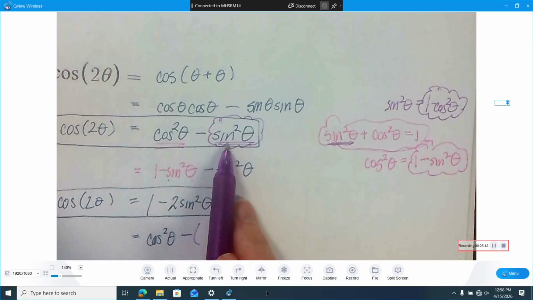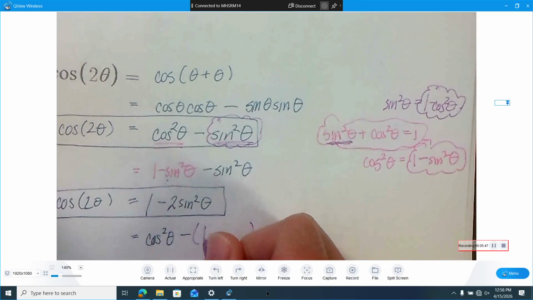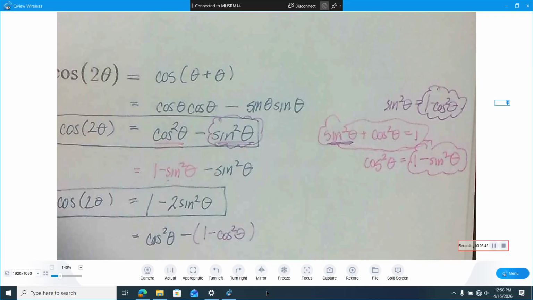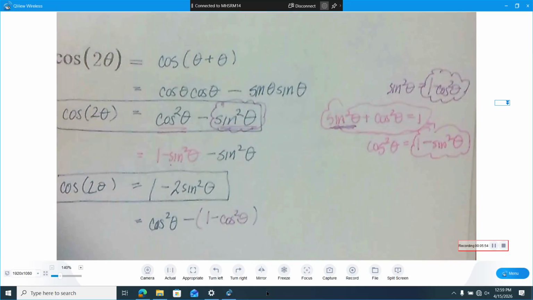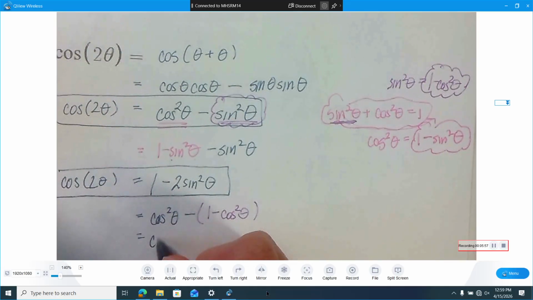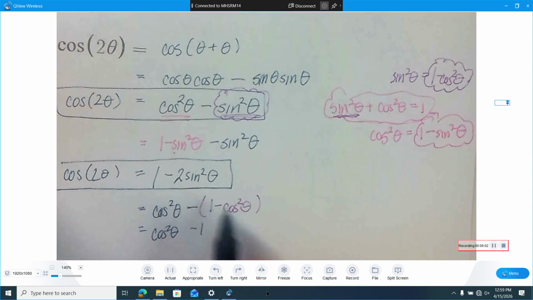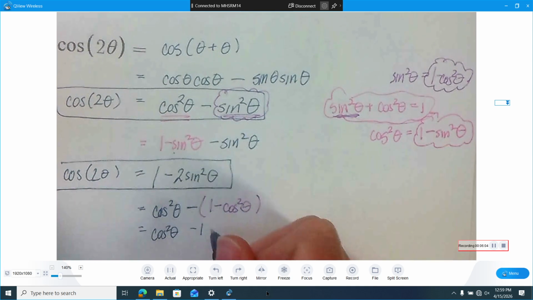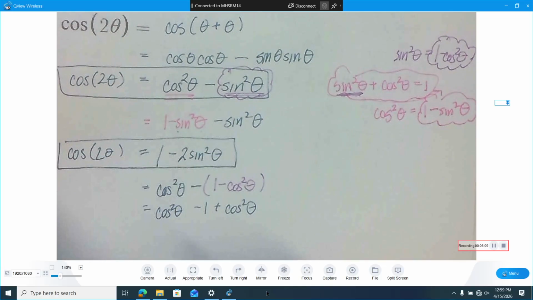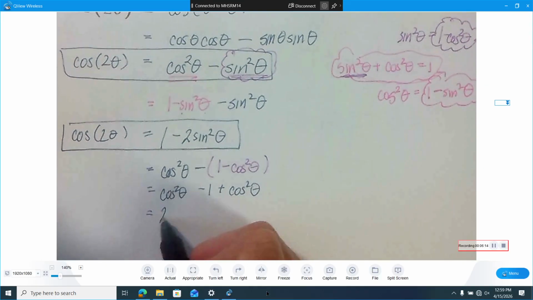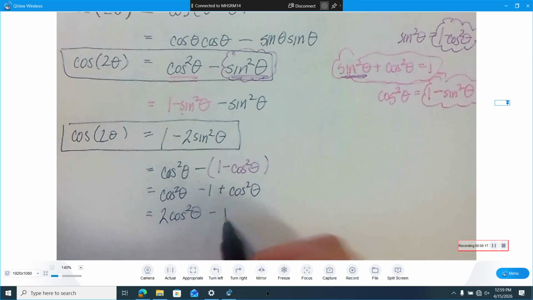What am I replacing sine squared with? 1 minus cosine squared. All right. Now we can do a little bit of distributing. Cosine squared theta, negative times 1 is negative 1, and negative times negative cosine squared becomes positive cosine squared theta. And 1 cosine squared plus 1 cosine squared gives me 2 cosine squared theta, minus 1.